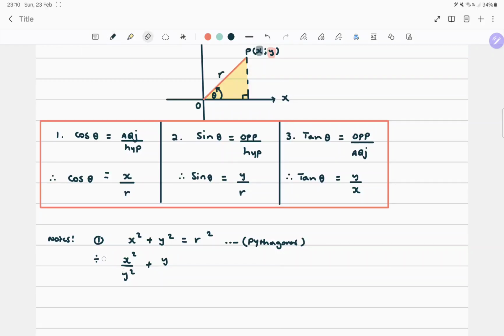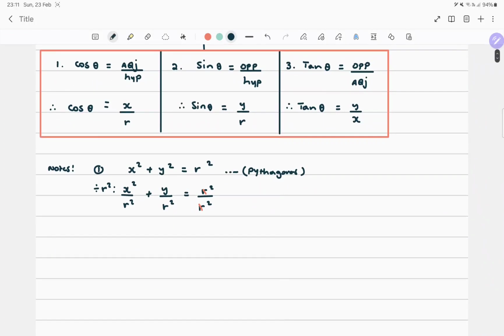Goodness. I'm not doing anything right. I want to divide by r squared. Okay, we can divide by anything that we want. So this is going to be x squared over r squared plus y squared over r squared equals r squared over r squared. Of course, mathematically these ones will do us the honors.